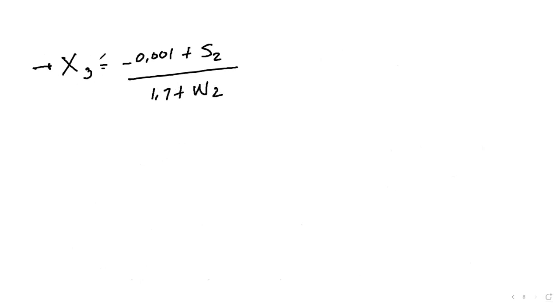So in order to find this, you need the previous data from the previous thickener. So if you will substitute value, your X3 would be 0.00447.